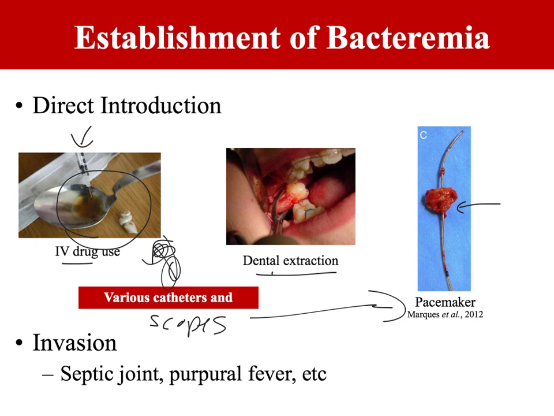Finally, the other thing we talked about was the invasion of the heart valves by distal infections. We talked about septic arthritis. I didn't mention it, but another big one is puerperal fever. Those are almost always going to give you acute endocarditis. These are usually caused by staphs or streps.